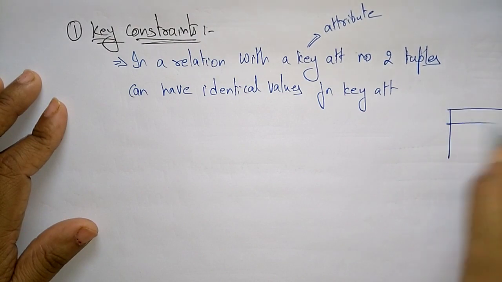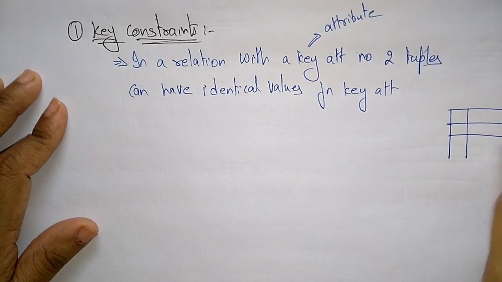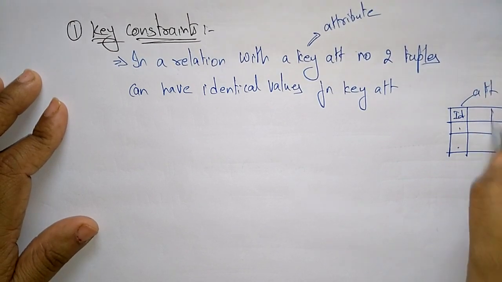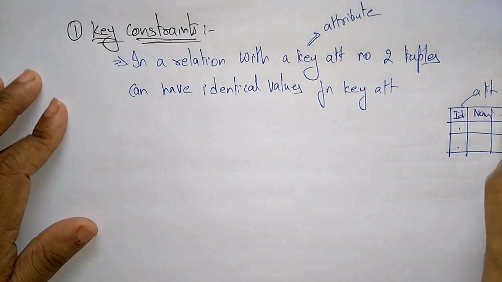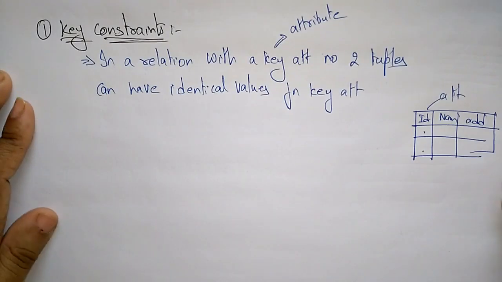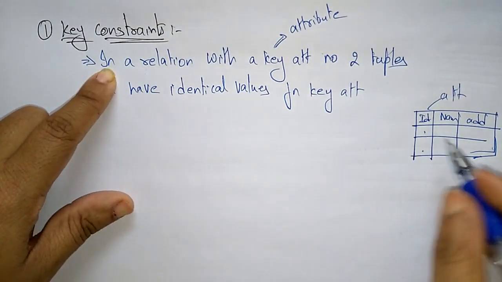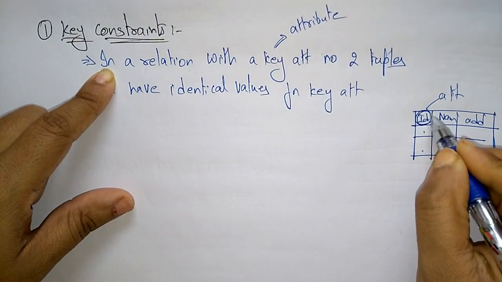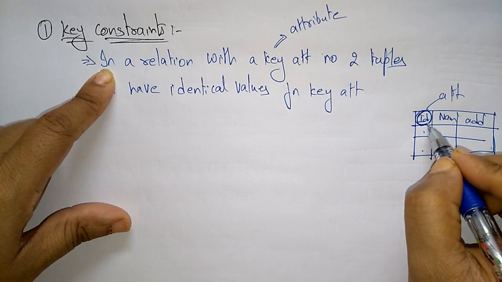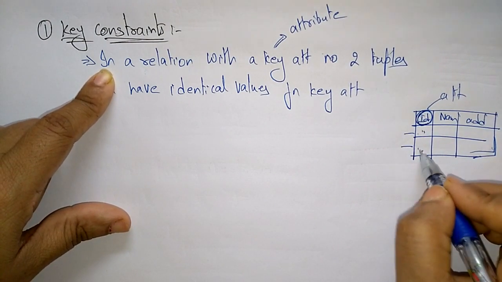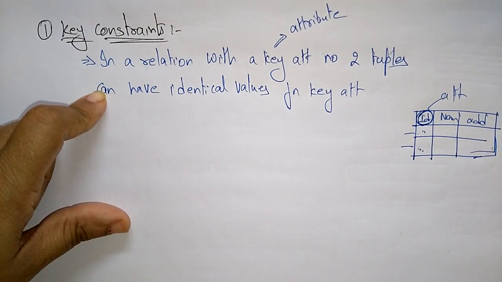So that is saying two tuples means two rows. Suppose ID is an attribute, name, address. So this is a table. In a relation, in a table with a key attribute, here I am taking ID as the key attribute. Here no two tuples can have identical values.